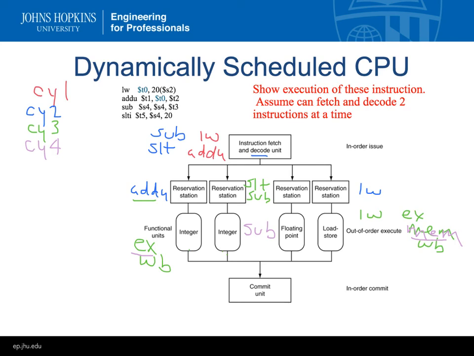Cycle 5. We'll have load word go to write back. Now we can send our addu into the execute. Sub will go to write back.